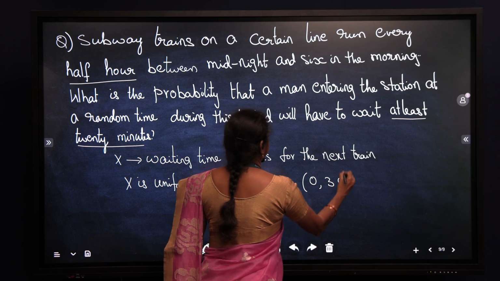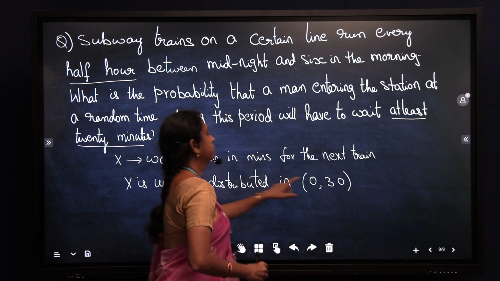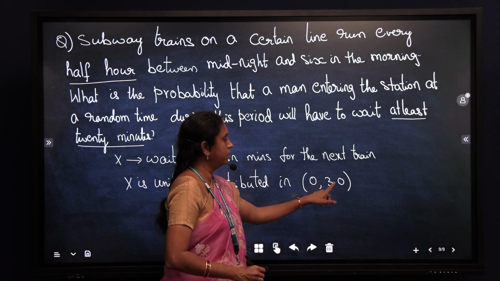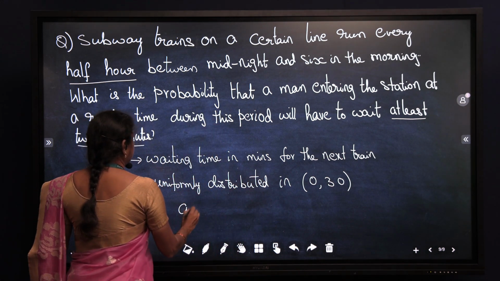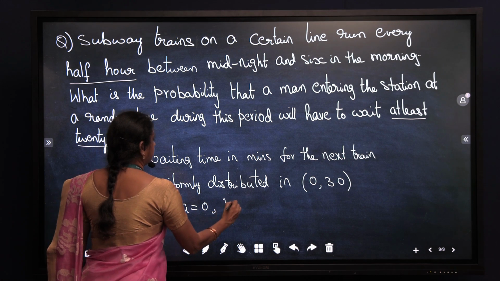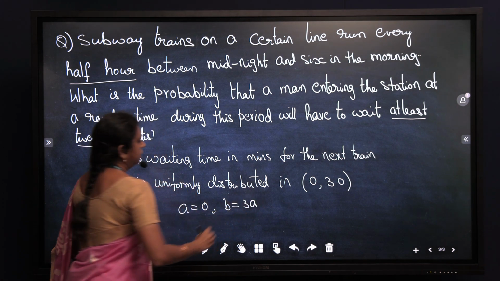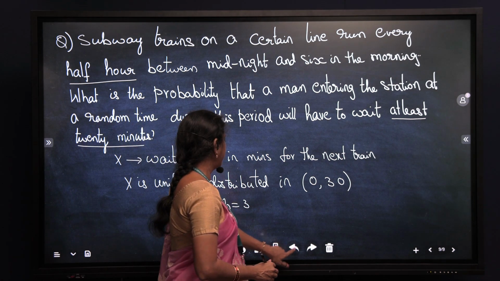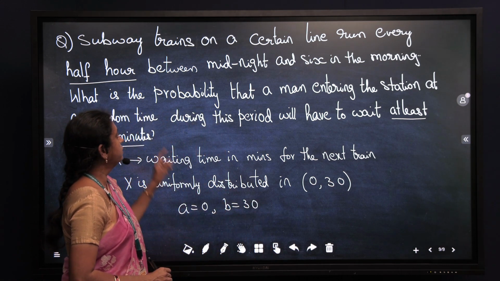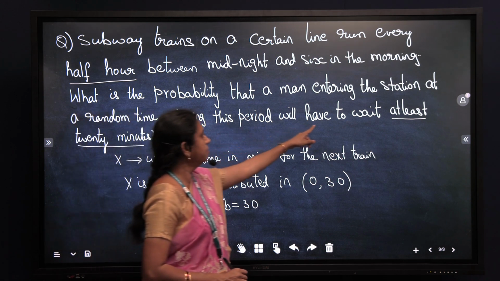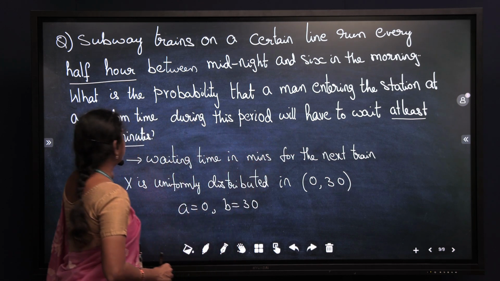Starting point value is 0 and ending value is 30. So a is equal to 0 and b is equal to 30, and b value should be greater than a, so 30 is obviously greater than 0. Now we'll find the probability of waiting at least 20 minutes.